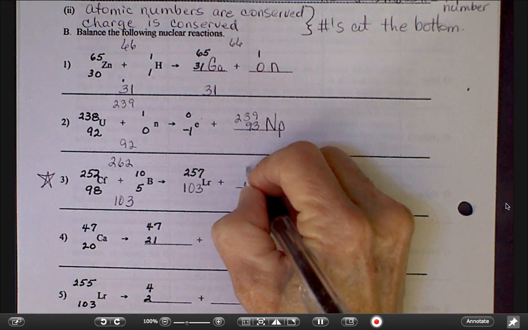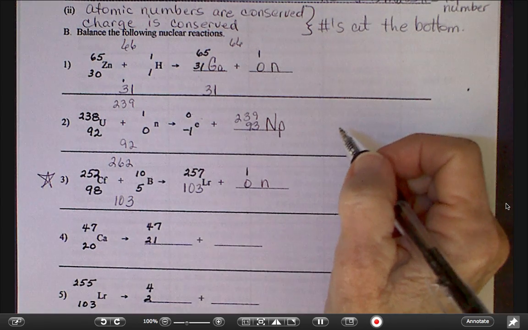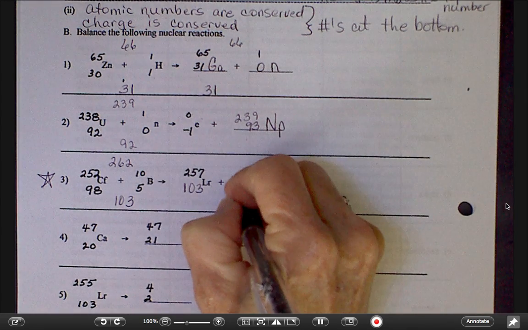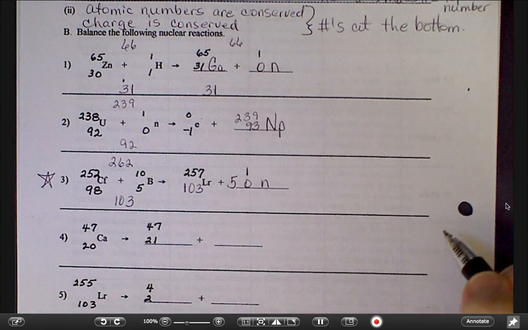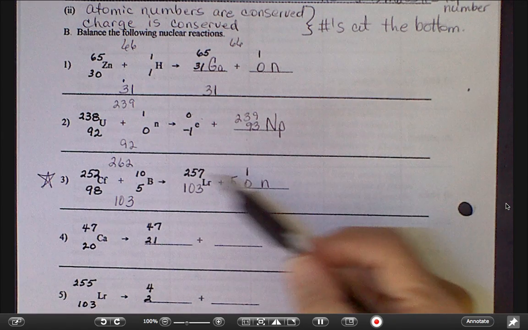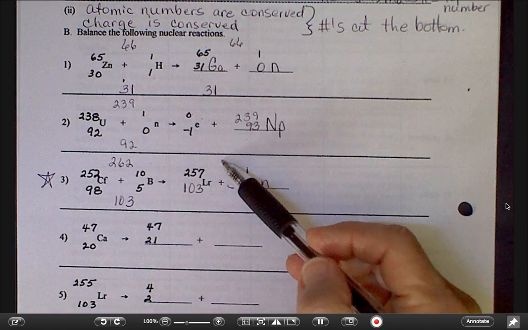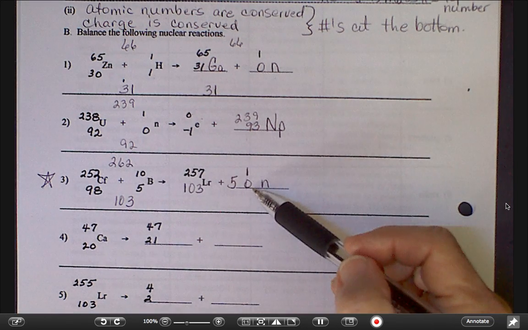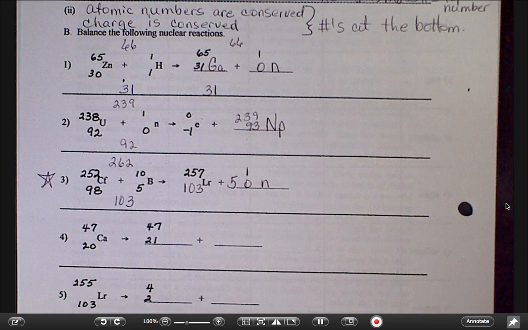So you default to the neutron. Now we're going to use a coefficient of what? 5. So in other words, it produces 5 neutrons. Okay? Now, to get this to balance, 257 plus 5 times 1 is 5 gives us 262. And the 5 times 0 is 0, and it doesn't affect our 103. Everybody with me? All right.